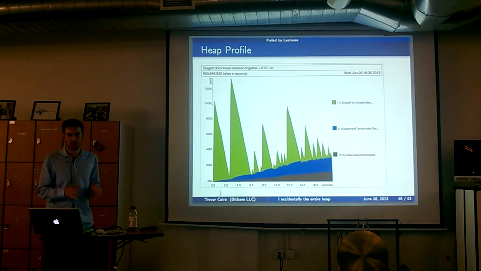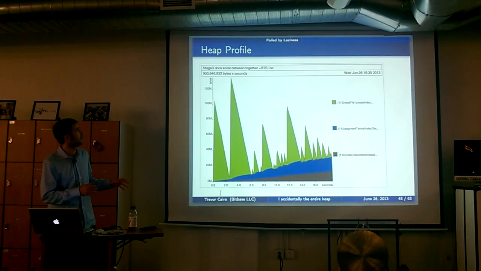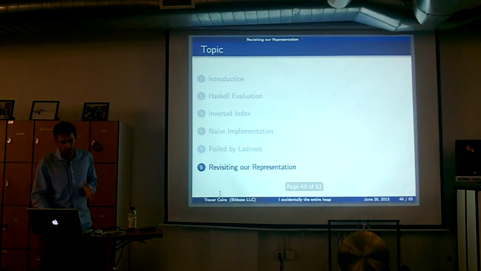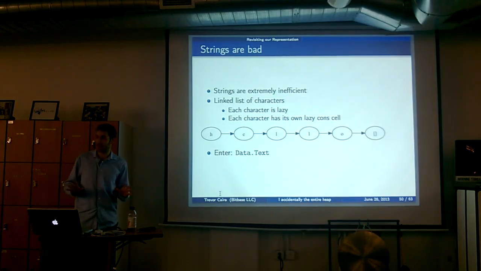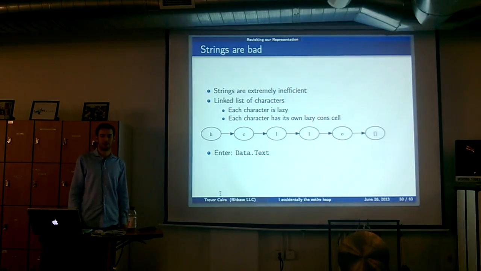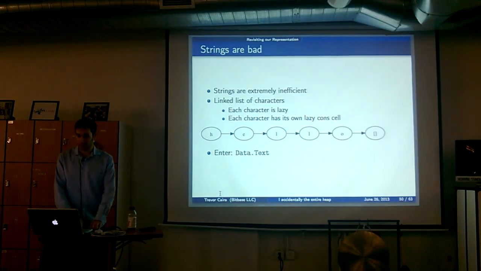We have the right strictness, we have the right asymptotic complexity. Everything seems peachy. Well, let's look at how we were representing things. Strings, as I said, are linked lists of characters, which is really cool for, I don't know, lazy I/O. But we're not really doing that.